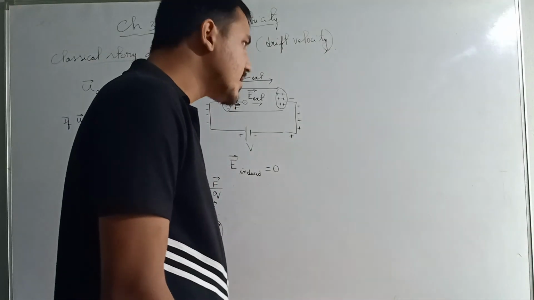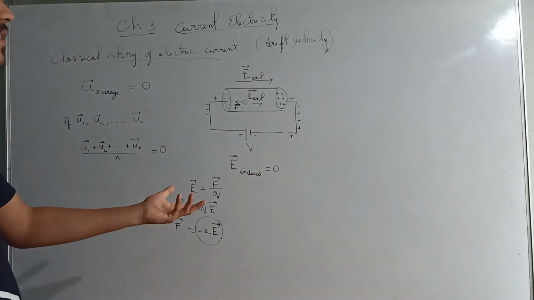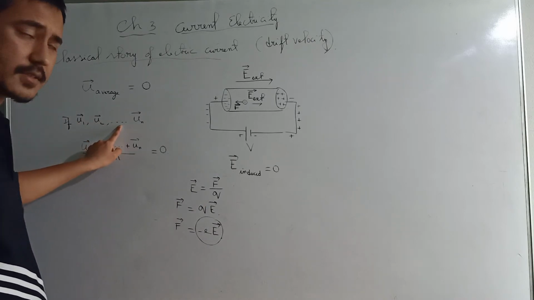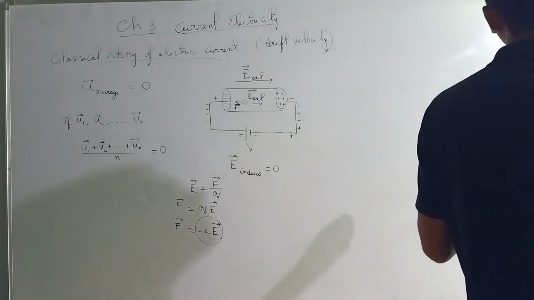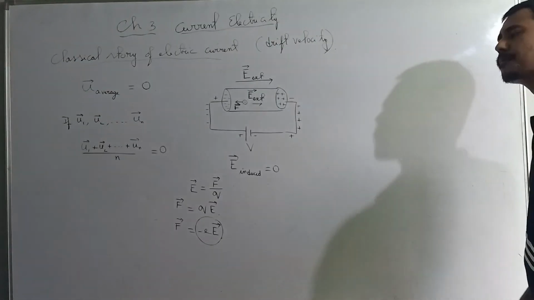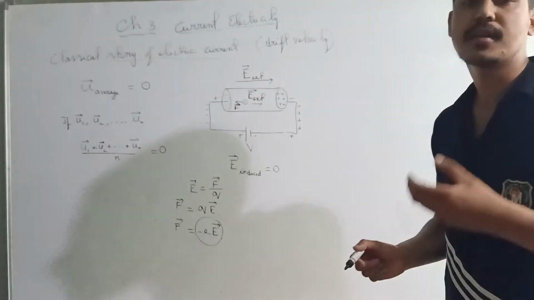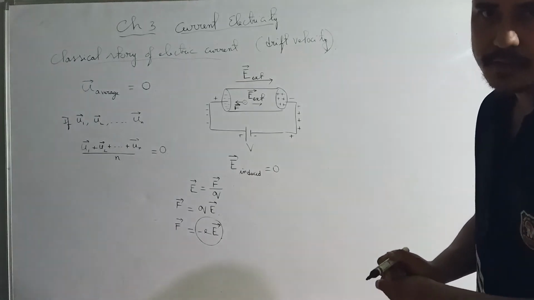And hence the electrons will start afresh with their initial thermal velocity. So that short time interval for which the electrons accelerate before they suffer collision with the positive ions of the conductor is known as relaxation time.